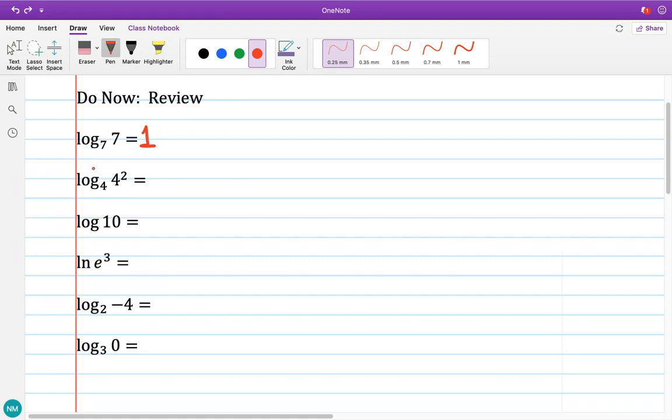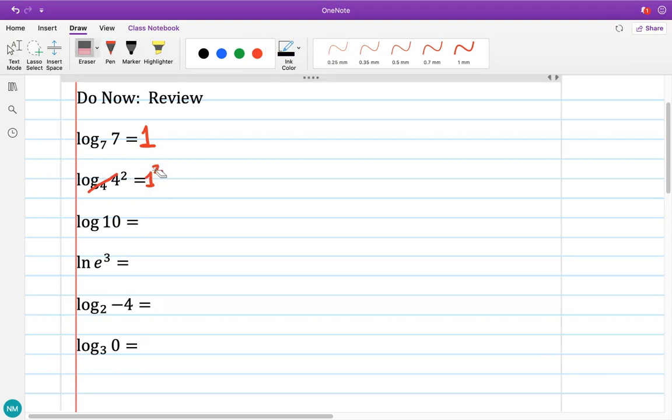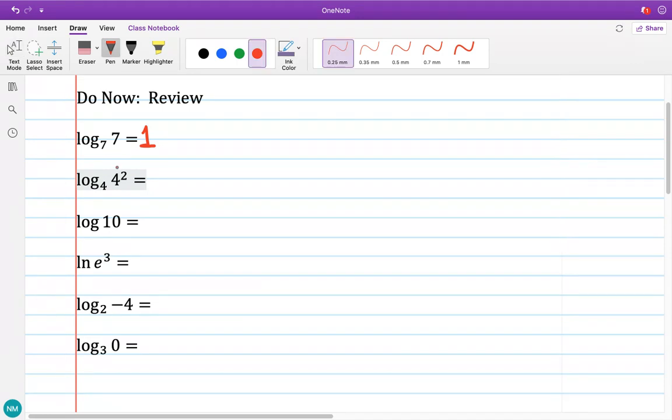So what about when it's something like this? For log base 4 of 4 squared. Now, this is a big mistake a lot of people make. They think this cancels out and it becomes 1 squared. That is not the case. So think about it like this. Remember, this 2 comes up front.